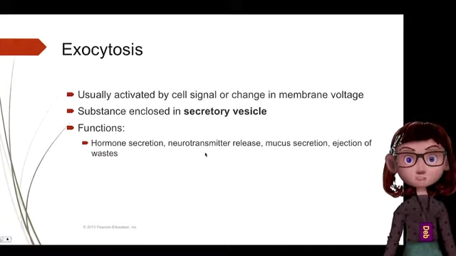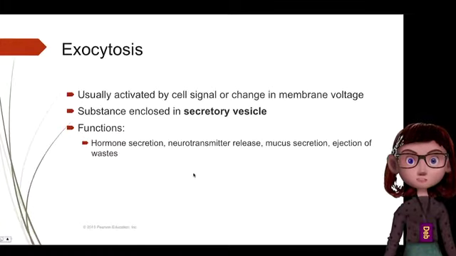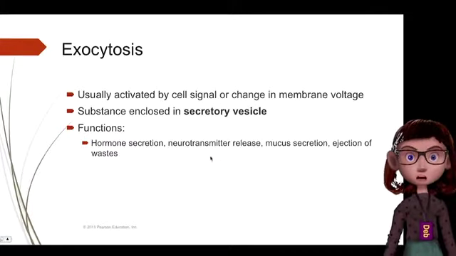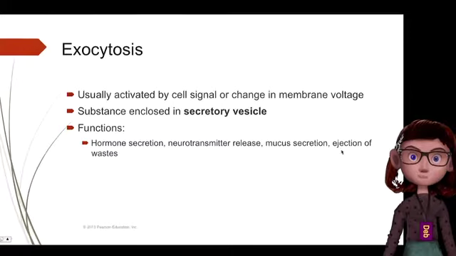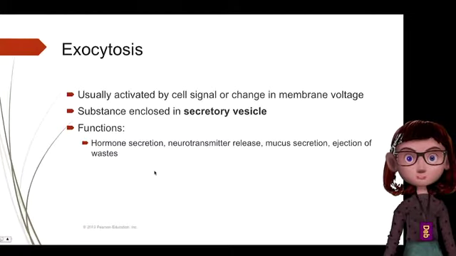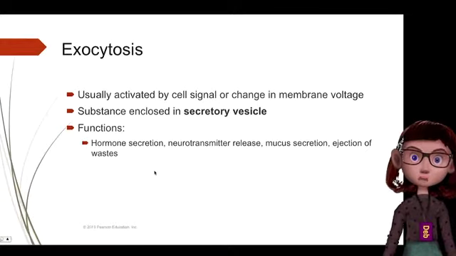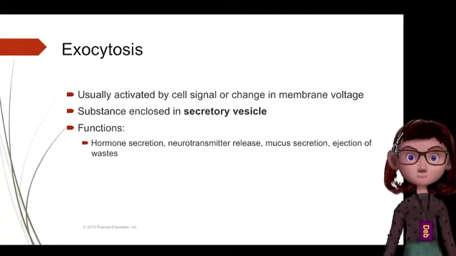The neurotransmitter chemical will be stored at the axon ending of a neuron, and when it receives the signal, it will release it into the synaptic cleft. We'll get to that in more detail with the nervous system. Also, mucus secretion and ejection of wastes by the cell are undertaken through this type of exocytosis.